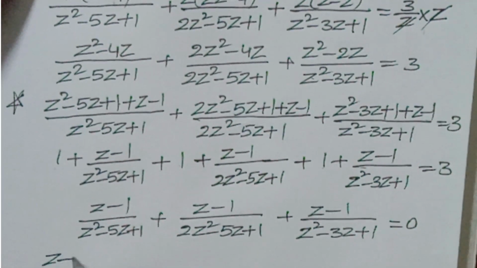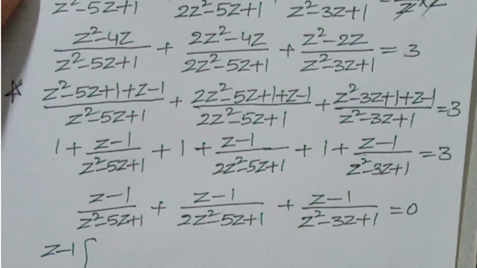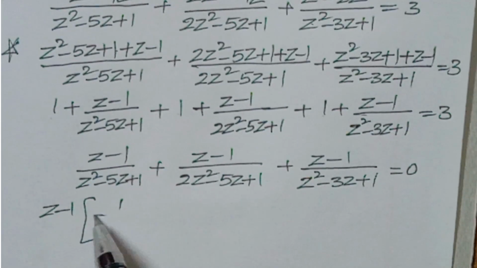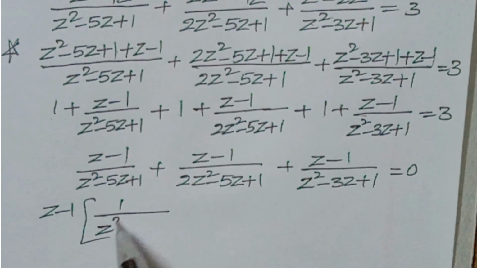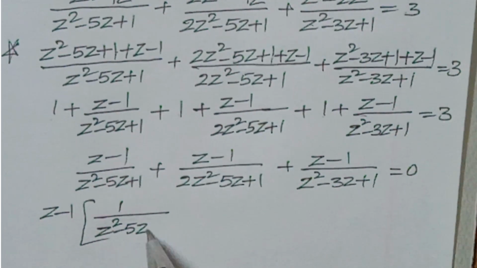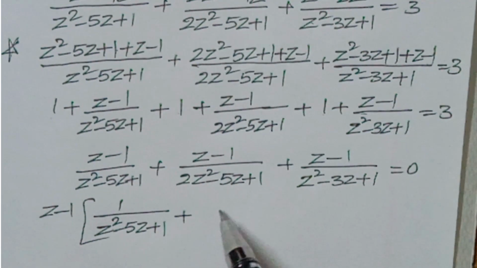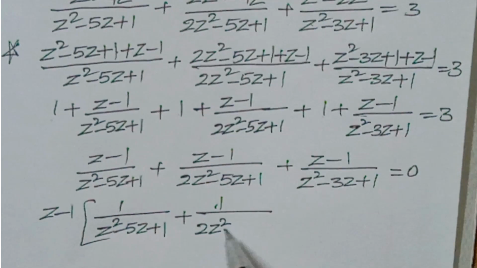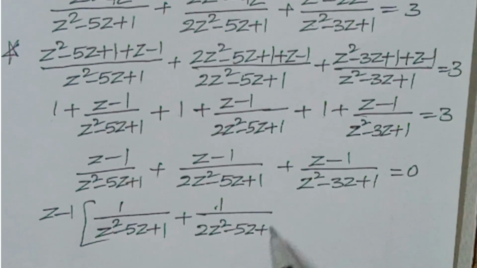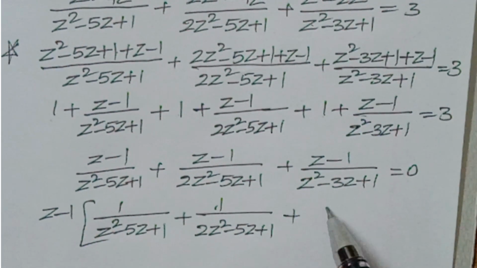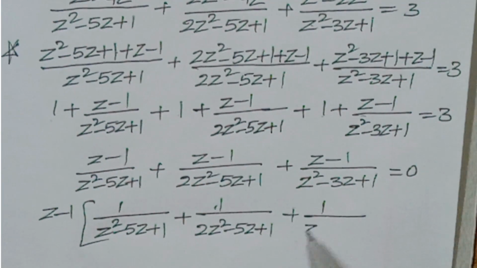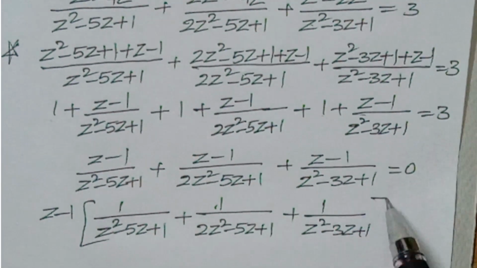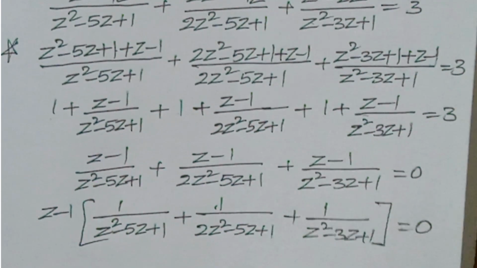Now taking z − 1 common in all three, 1/(z² − 5z + 1) + 1/(2z² − 5z + 1) + 1/(z² − 3z + 1) is equal to 0.